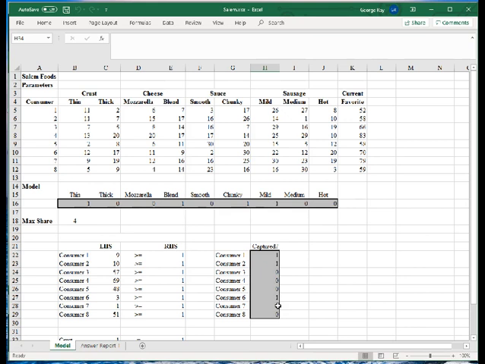So that's something that management can look at and decide they've got a chance of picking up 50% of the customers with this particular option: thin crust, a cheese blend, chunky sauce, and mild sausage, based on these preferences indicated by consumers for what they like in terms of thick and thin, mozzarella, and a blend, and so on.